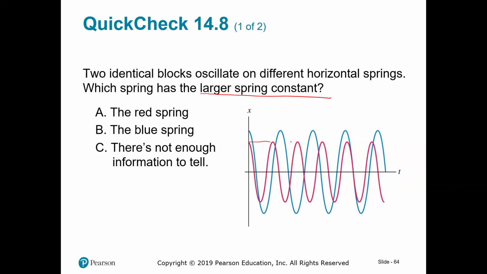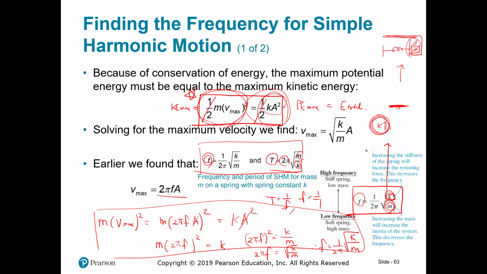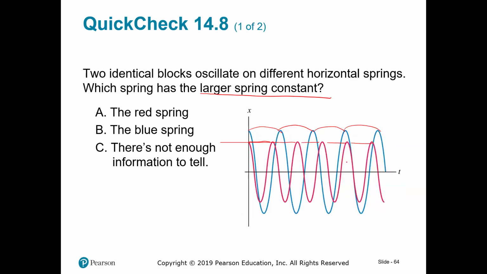This one requires shorter time to move back and forth, and this one requires longer time to move back and forth for one period, right? So the answer is the red one. Even though you don't remember the formula, you can also solve it conceptually. A strong spring moves back and forth quickly. So that's why the answer is A.